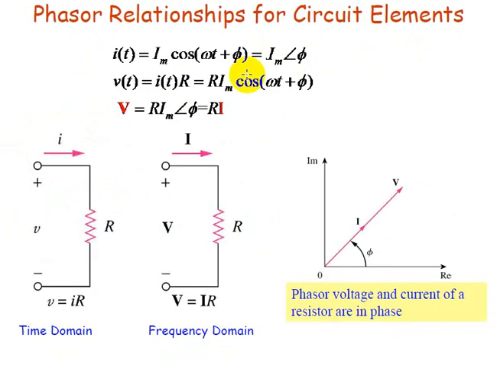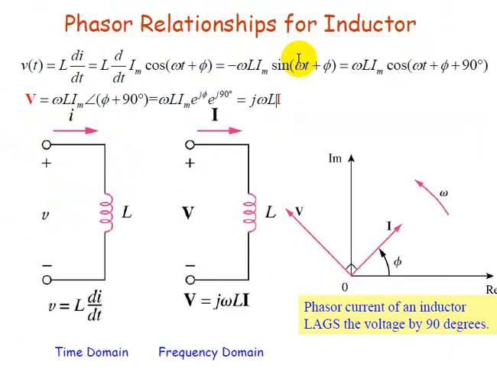Here the phase of the provided current is phi, and while this current is applied to an inductor, we have got the voltage which is phi plus 90. That means in frequency domain, the response of an inductor is that the phasor current of an inductor lags the voltage.